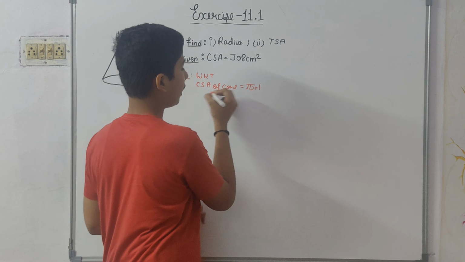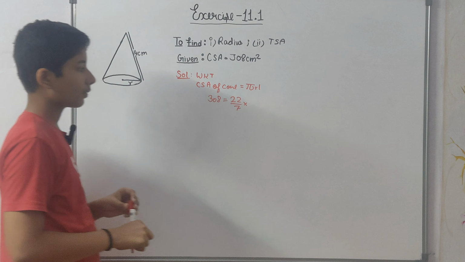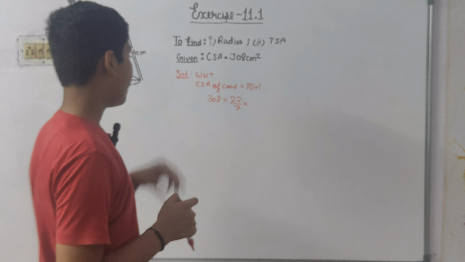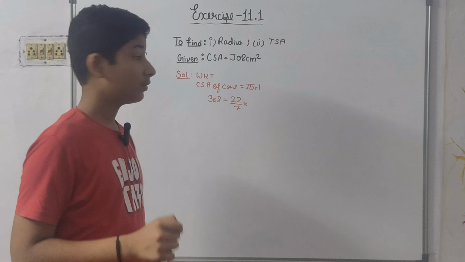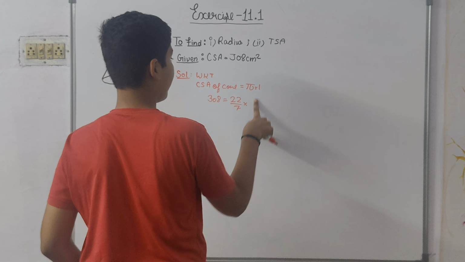Pi will be 22/7, into radius R, multiplied by L. L is 14. So 7 twos are 14.